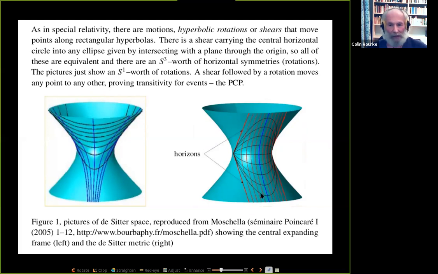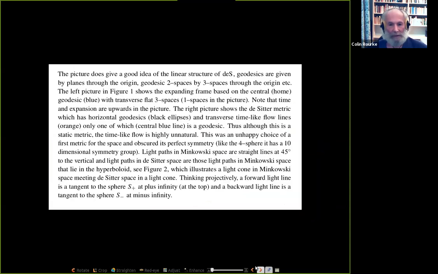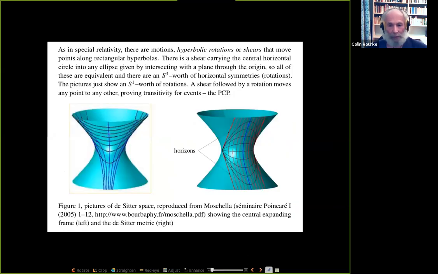These horizons are, but he had the idea that the space was confined between these space horizons, and he had the idea that everything moves upwards along these non-geodesics. And the spaces that go across it, are they flat? No, they're not flat, because these are the flat spaces. So you've got a very unnatural way of thinking of it.